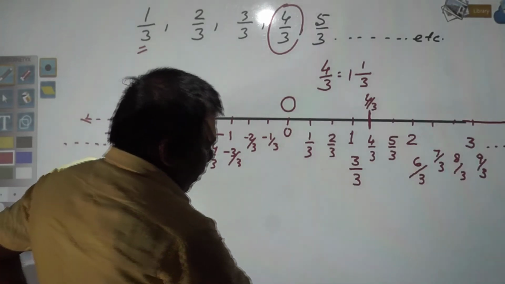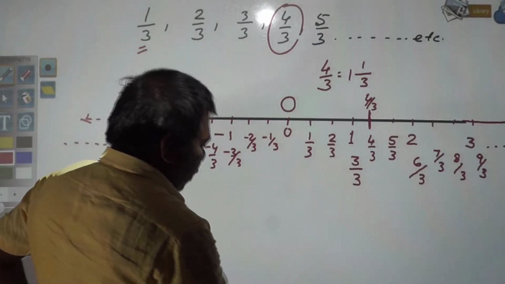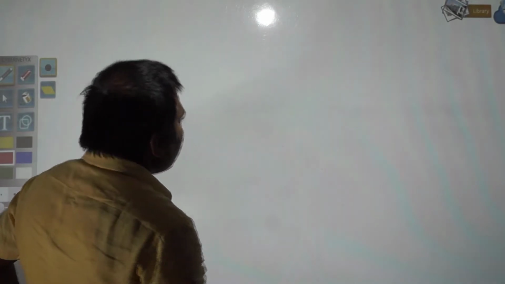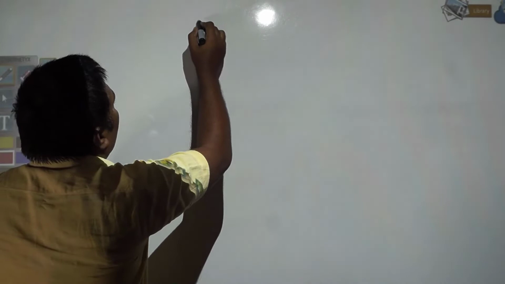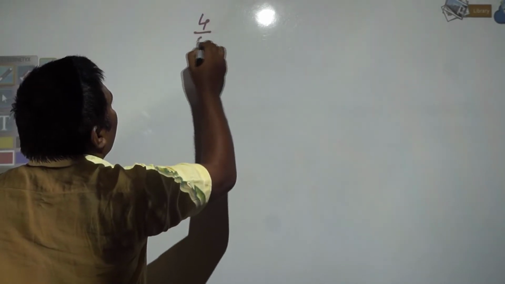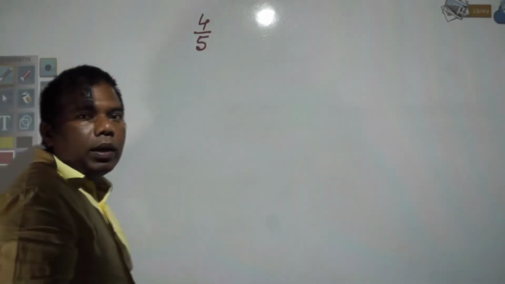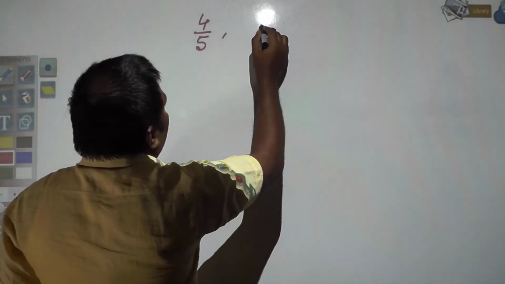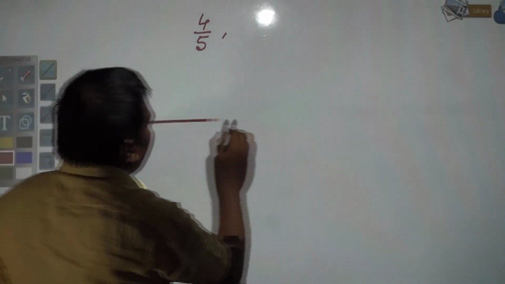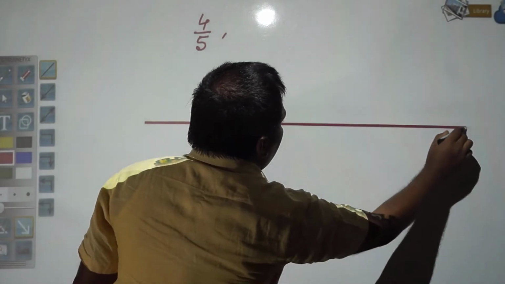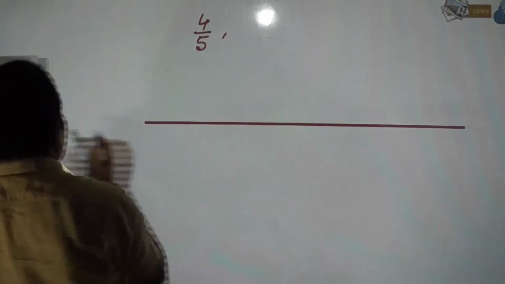Some other example you just take, so it will be a bit more clear. Here you see, suppose you need to show 4 by 5 on number line. So what will you do? First you draw a line. Suppose we have drawn a line like this.